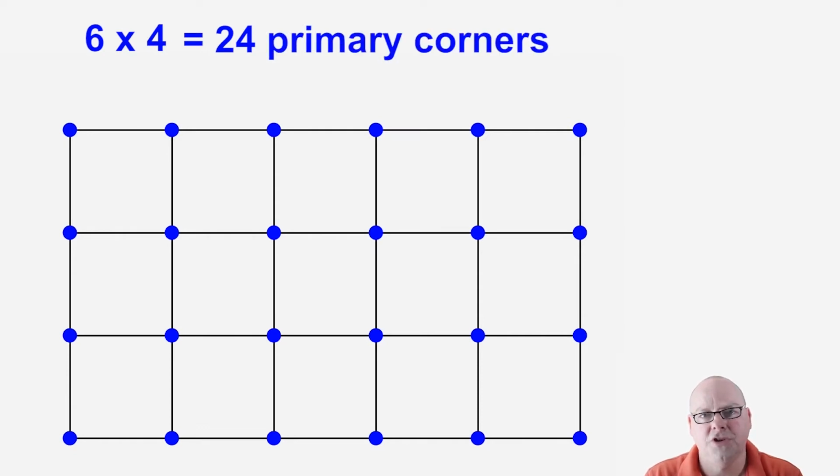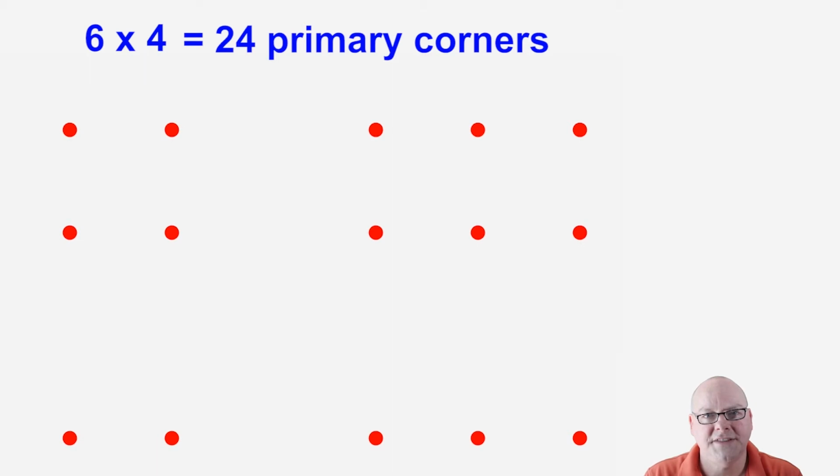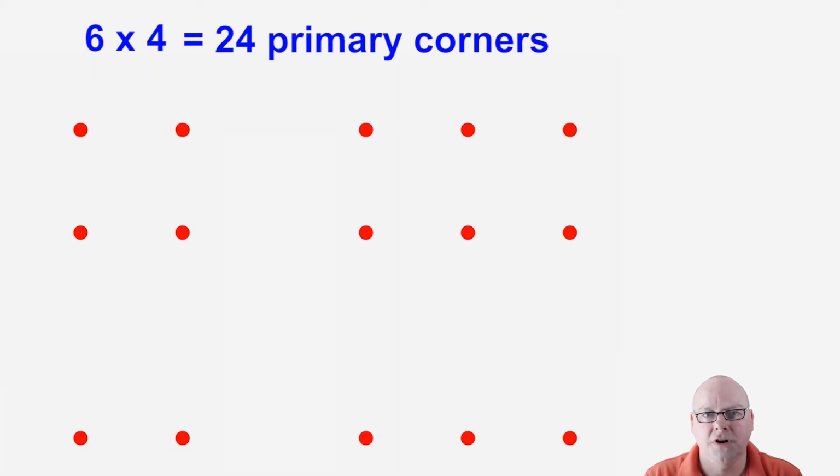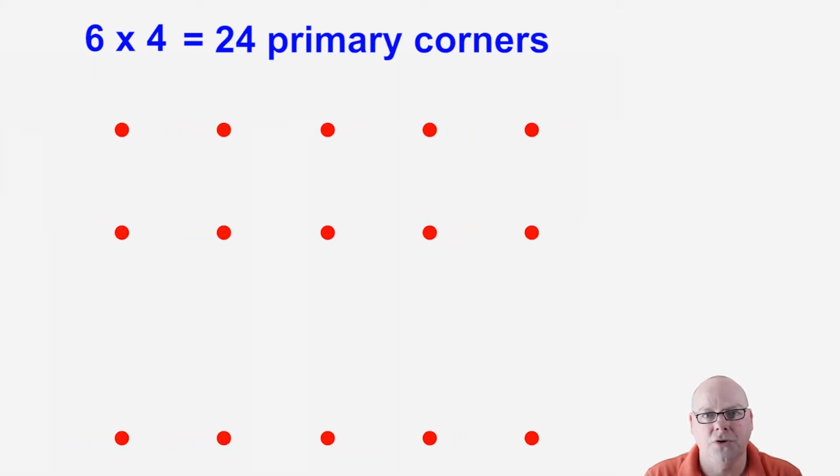Let's choose one of those primary corners. How many other points in our grid could be an opposite corner to this primary corner? Remember, we need to choose points that are not collinear with our primary corner. So how many are left? We had 6 along the top, but we removed one because it was collinear with our primary corner.